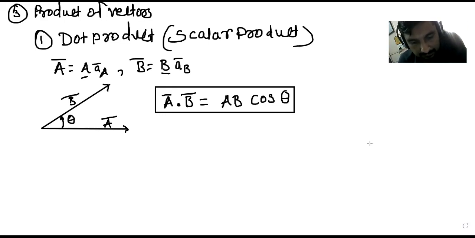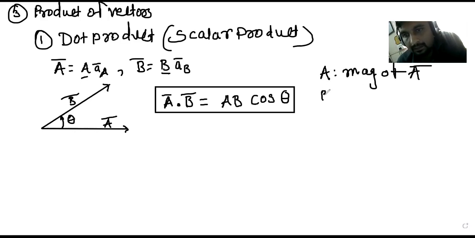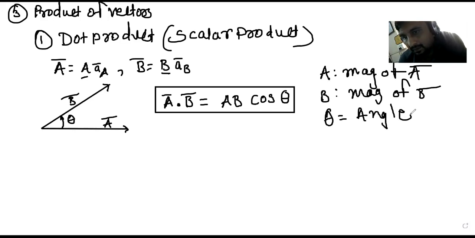Is that clear? Here A is the magnitude of A bar, B is the magnitude of B bar, and theta is the angle between A bar and B bar.